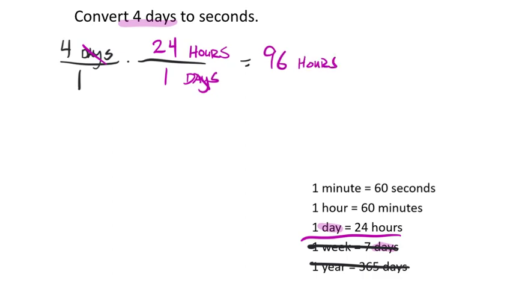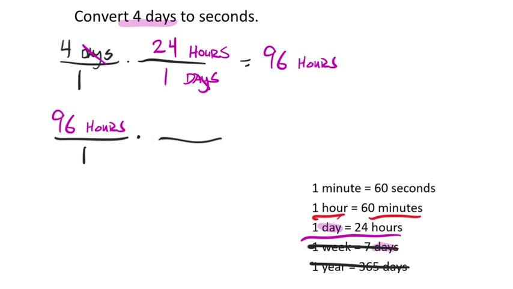All right, that's pretty good. But we don't want hours. What we would like is seconds. So we're going to work our way into the smaller units next. It will be from hours to minutes. So I'm going to make that 96 hours, again, over 1. We're going to multiply this by a conversion factor, which is something divided by itself in order to create a 1.